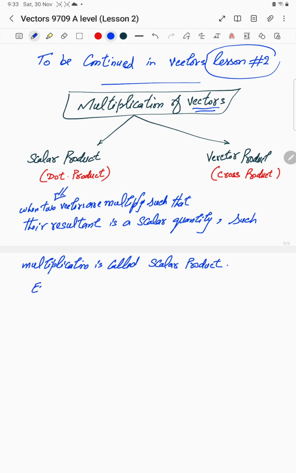You can take this example, because science lovers know it better. Any work done is a scalar quantity and it is a product of force times displacement.